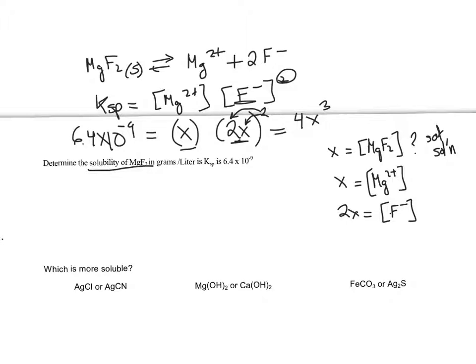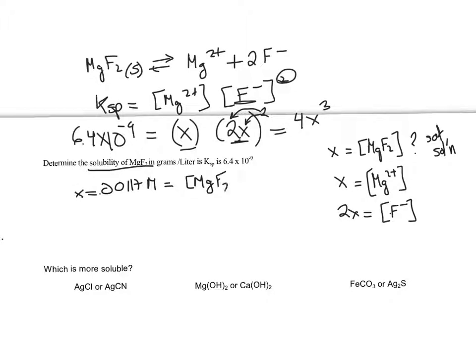So I take this number, divide by 4, and then cube root it to get my X. My X ends up being 0.00117 molar. And that is the concentration of my MgF2.